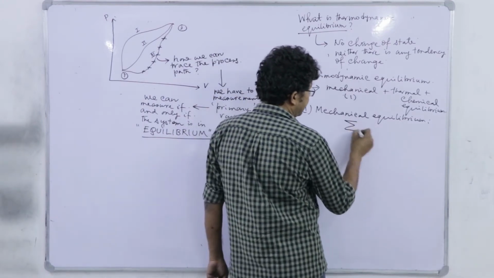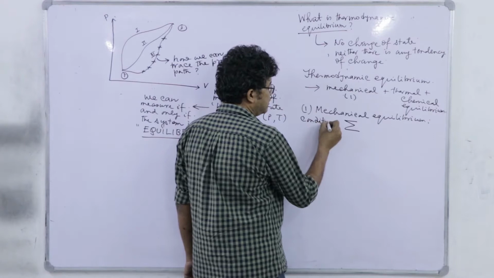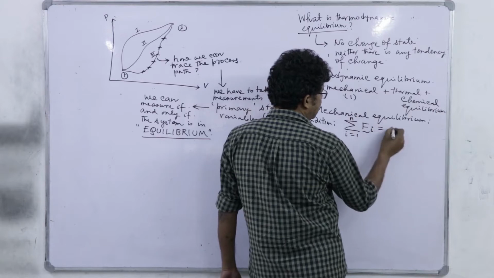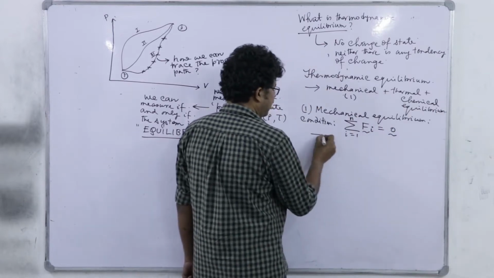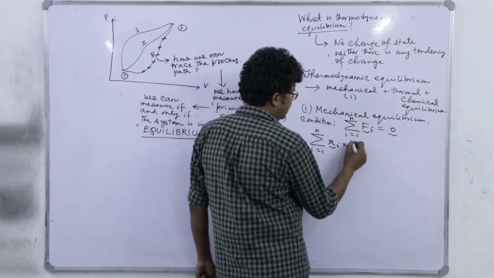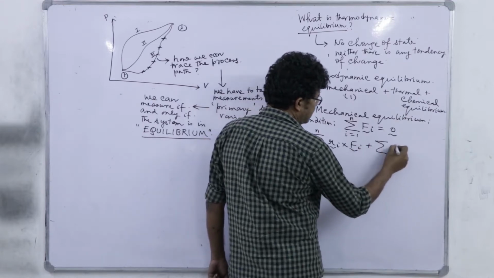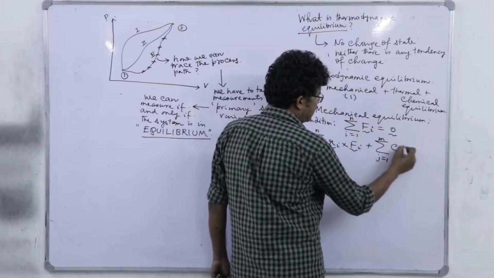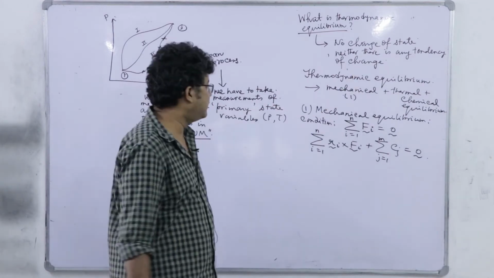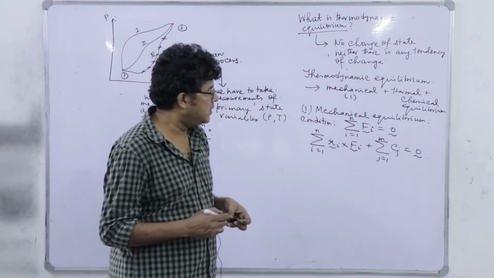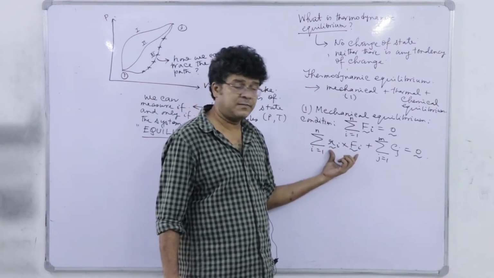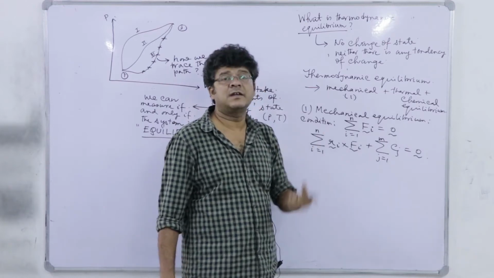So, the condition is: the sum of Fi, i equal to 1 to n, must be a null vector. So this is the force equilibrium, there is no resultant force. And the forces produce a certain moment, and we can calculate the respective moment caused by the force as Ri cross Fi with respect to a certain axis, right.